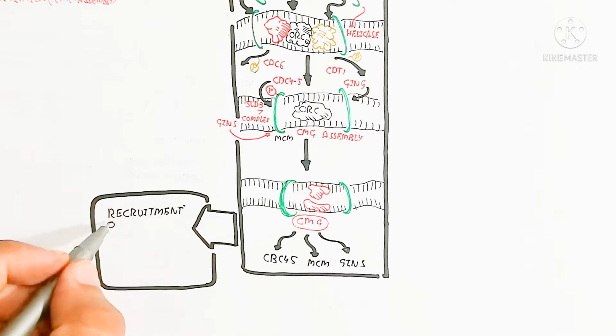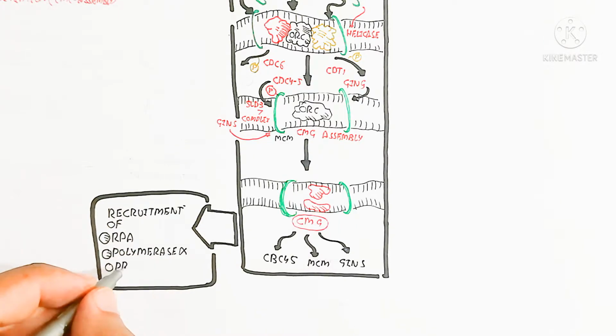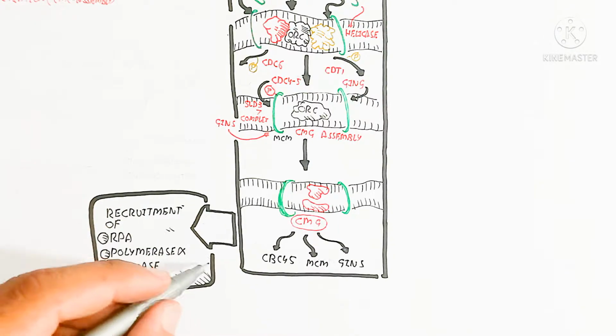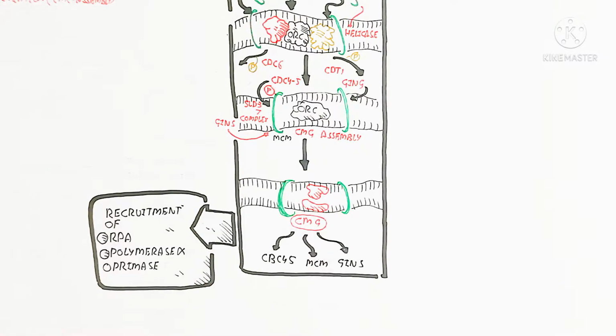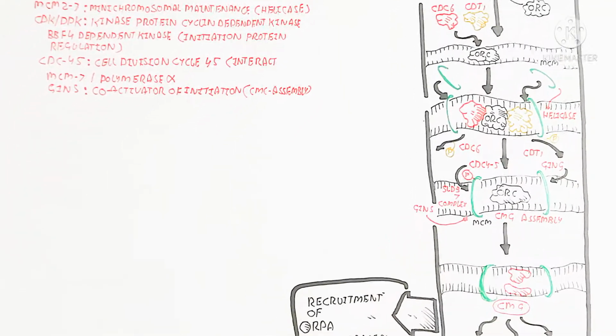RPA is replication protein A, which prevents re-annealing of DNA strands as a single-stranded binding protein.